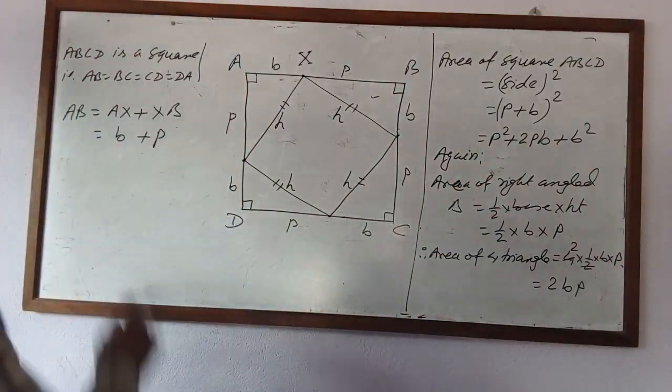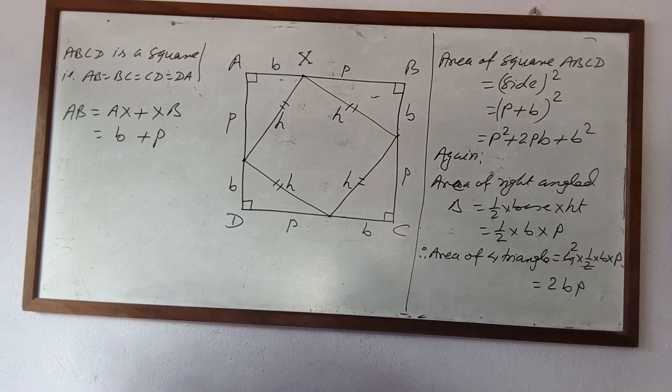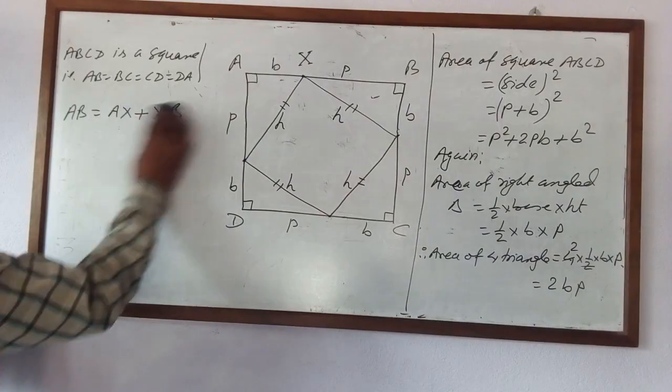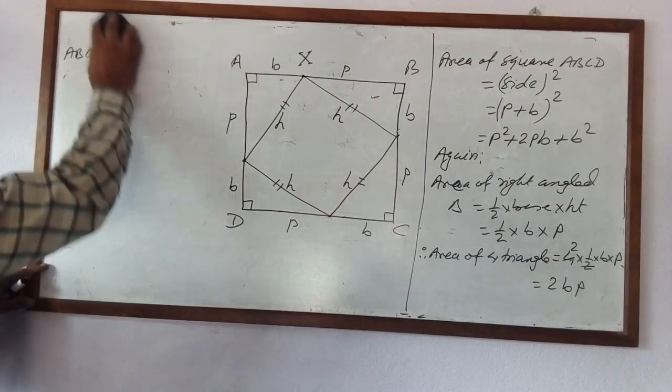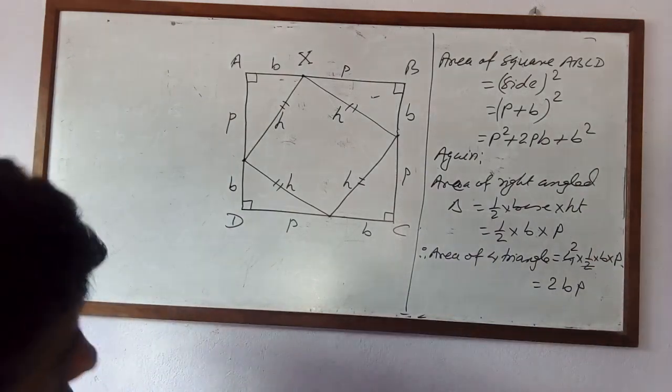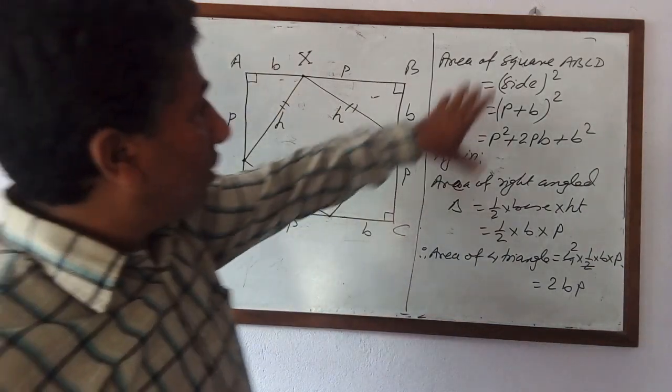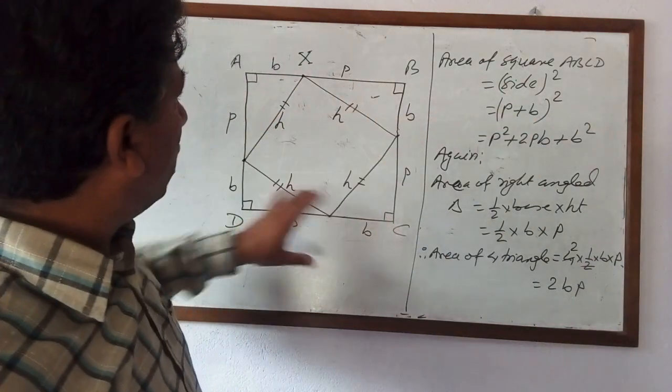Now we found the area of the square and also the area of the triangles.